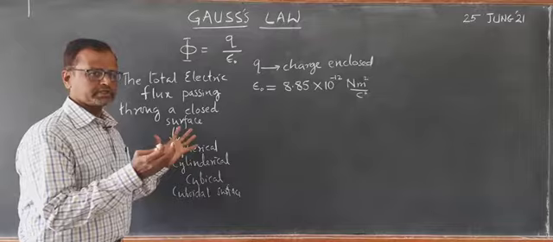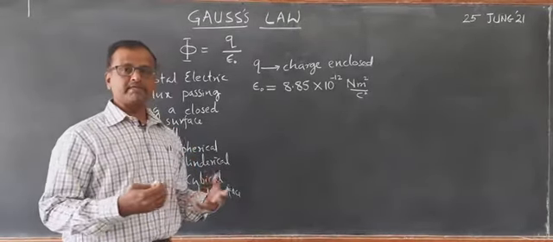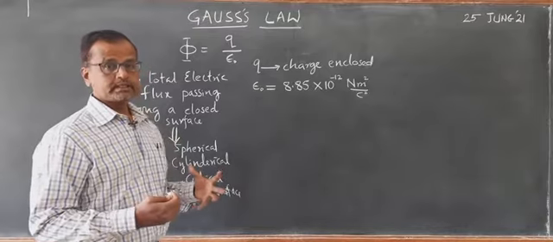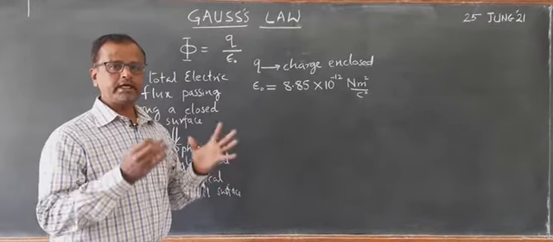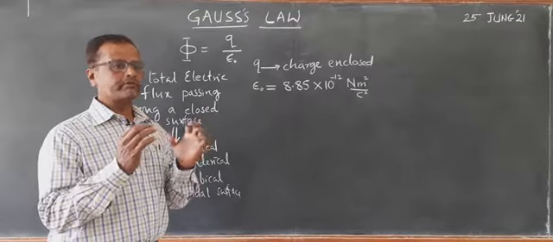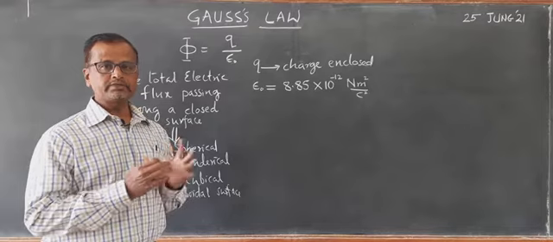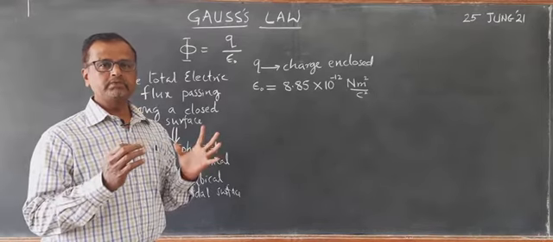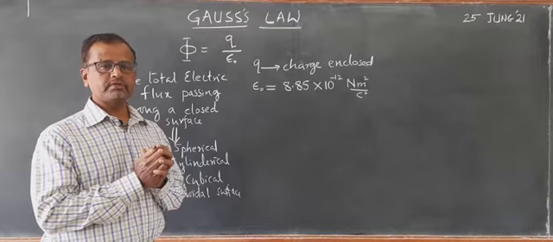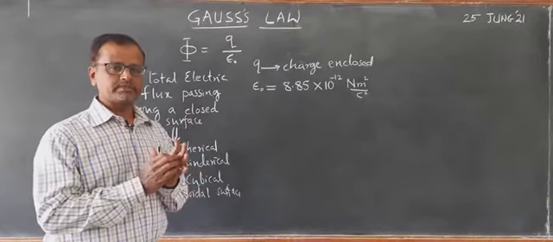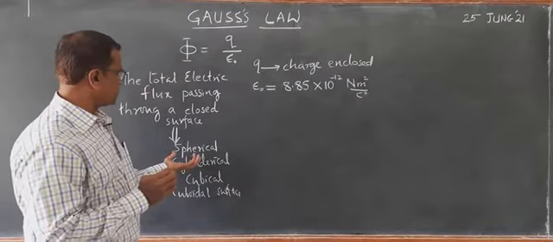There is no restriction. So, the surface that we choose is arbitrary, and the surface is so chosen that usually that will be helpful for calculation of the electric field, and situations will be such that the charge will be symmetrically arranged, or the surface will be symmetrical.